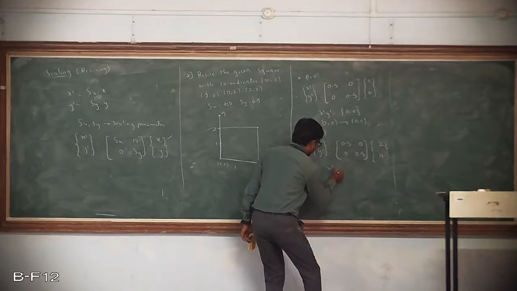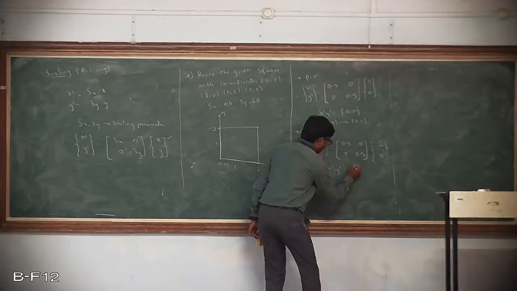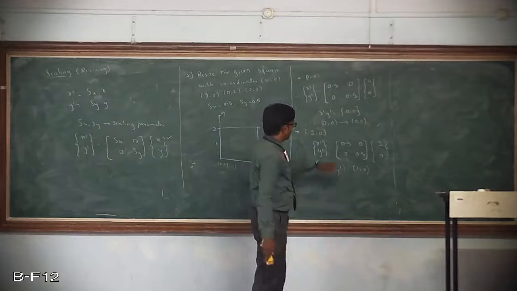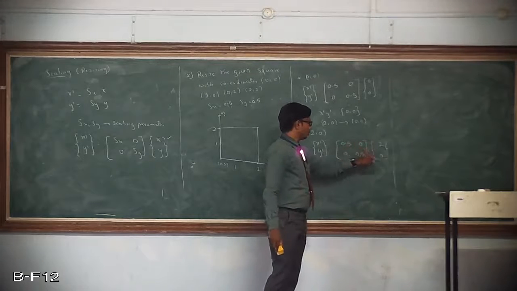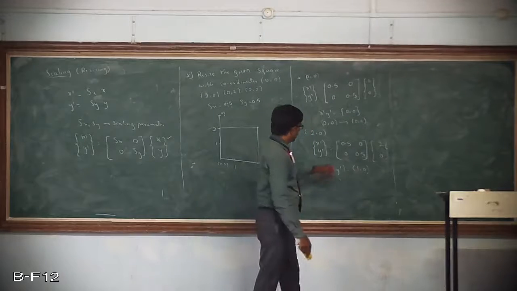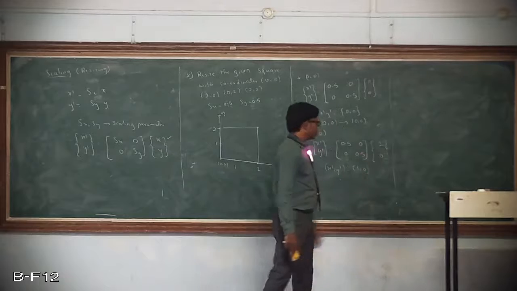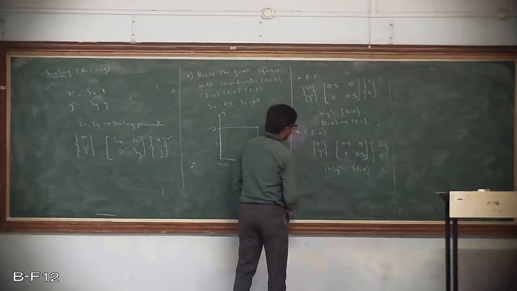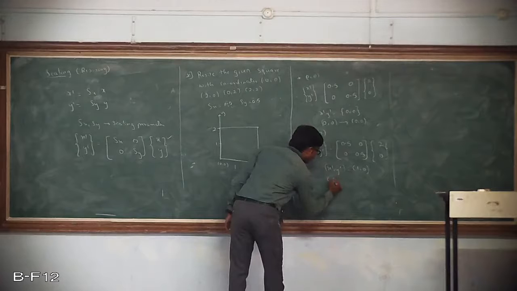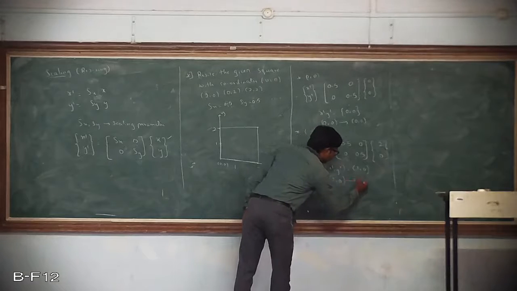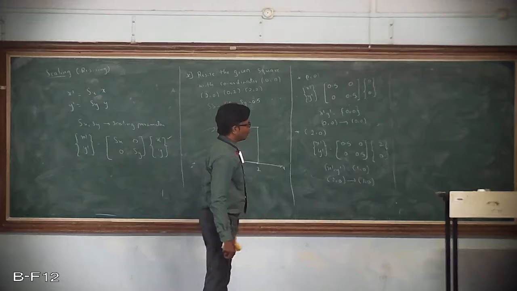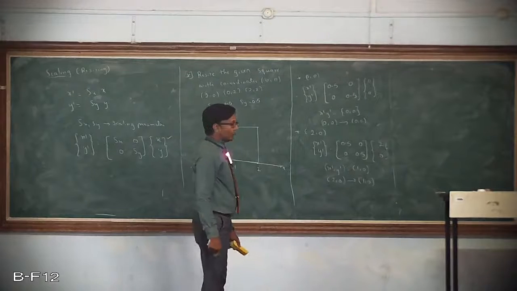X dash y dash will be equal to 1 comma 0. Just check: 0.5 into 2 is 1, 0 into 0 is 0, 0 into 2 is 0, 0.5 into 0 is 0. So this is the new coordinate. If you compare the original coordinates with the new coordinate, there is a reduction. So 2 comma 0 is now converted into 1 comma 0.